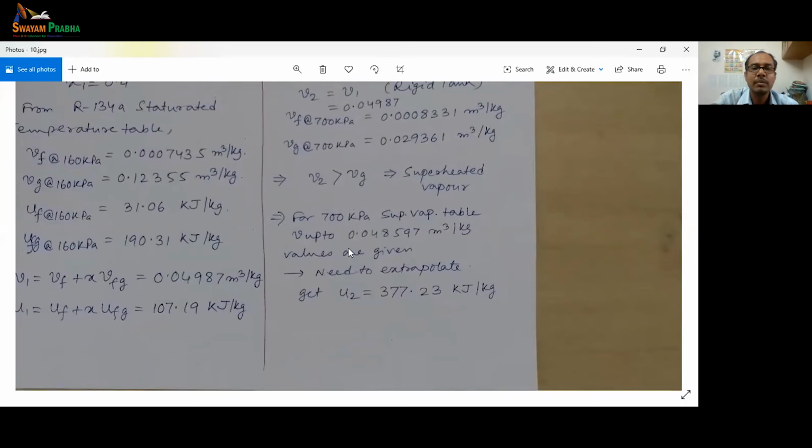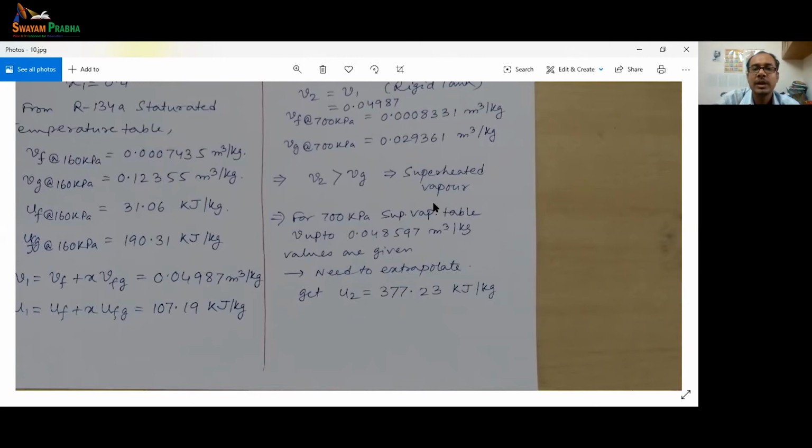And we need to find the specific internal energy corresponding to state 2, right? The specific volume we know, and from there we need the internal energy.